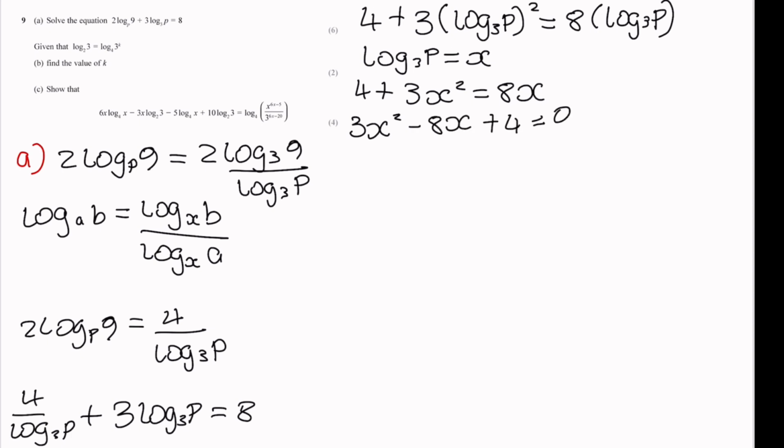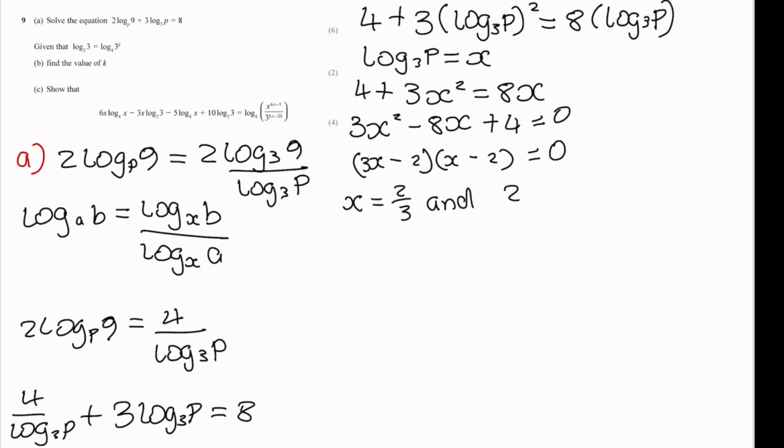Attempt to factorize it so we can solve it. We're going to need 3x and x, and then it's going to be 2 and 2, and they're both going to be negative, and that's equal to 0. So therefore x is equal to 2 over 3 and 2.